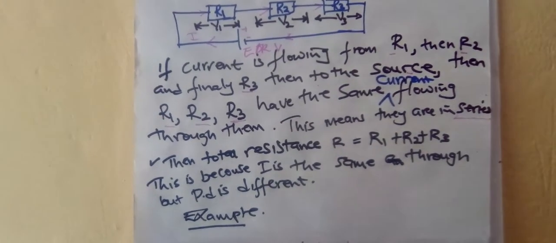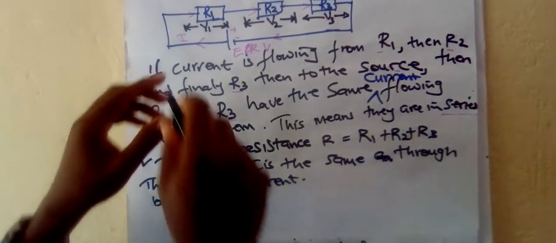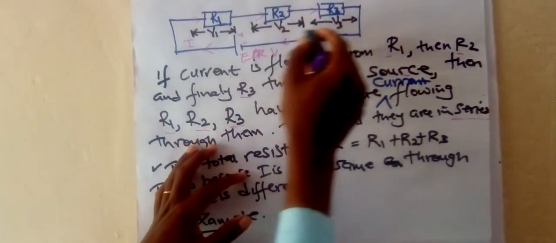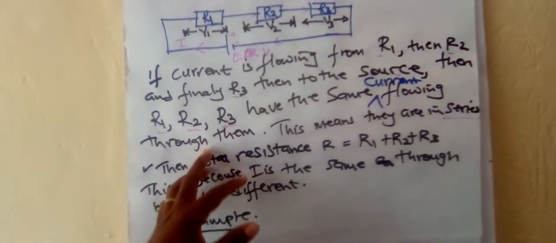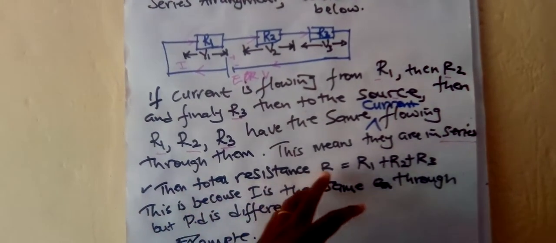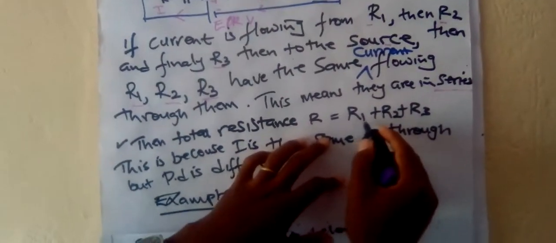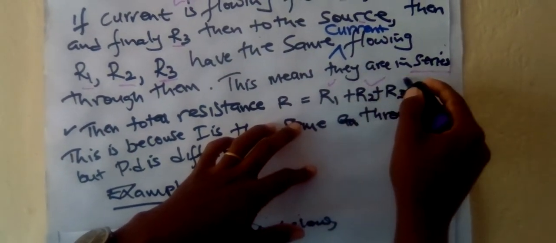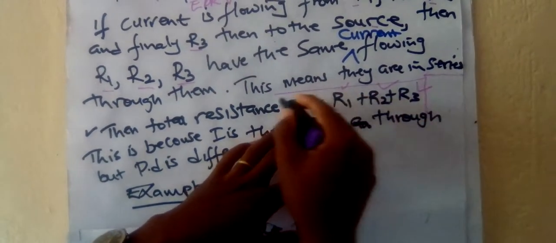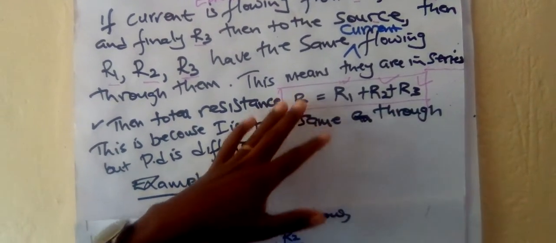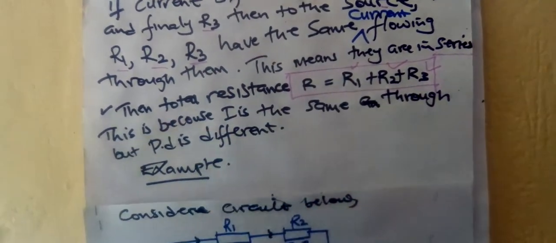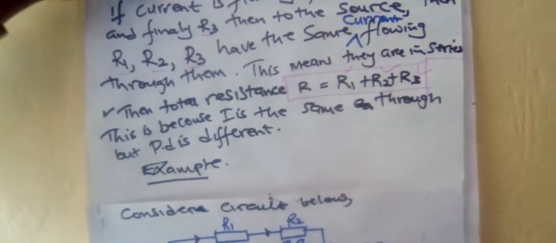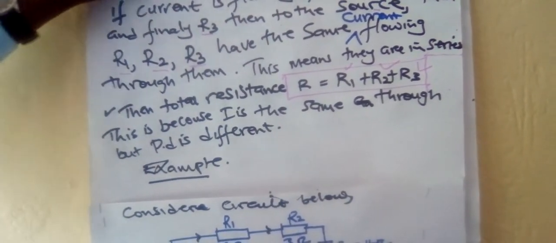Okay. Now, in order to get the total resistance, the overall resistance, we say our total resistance is just a summation of R1 plus R2 plus R3, and you get our total resistance for series arrangement. Remember, to identify that these resistors are in series, look at how current flows.